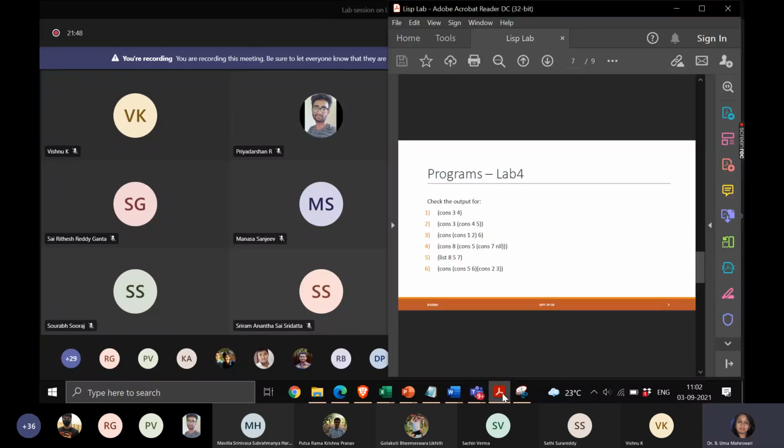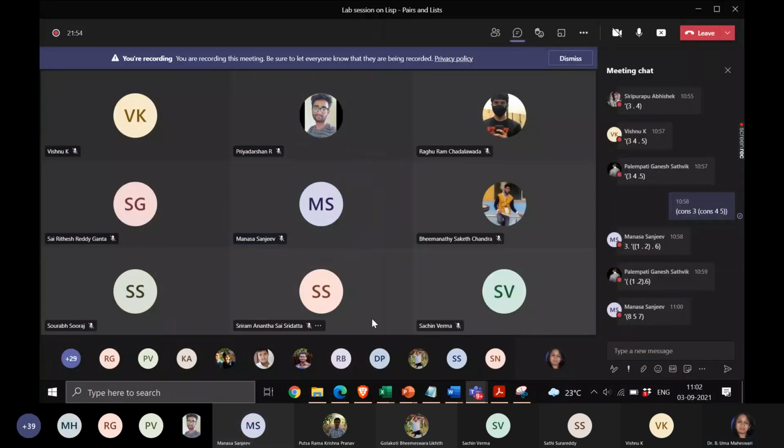So list 8, 5, 7. Ma'am, the output for the fourth and the fifth one are the same. Yeah, very right, Manasa. The output for the fourth one and the fifth one are equal.